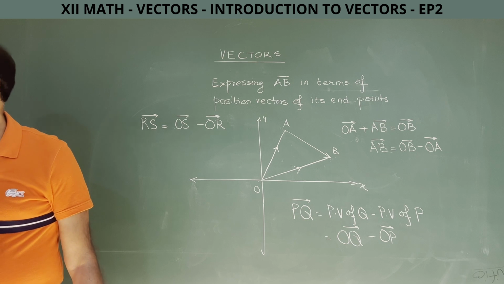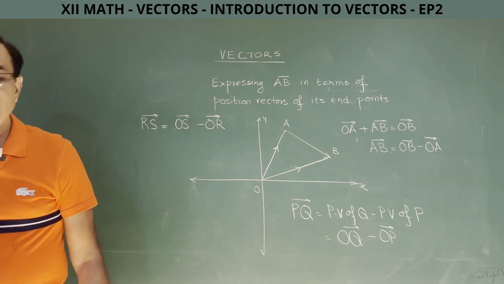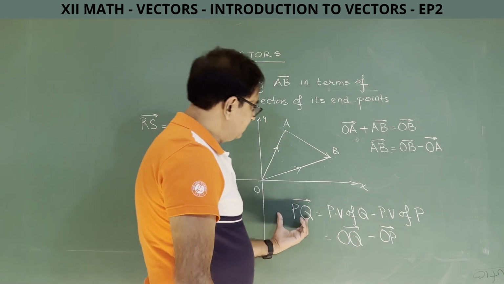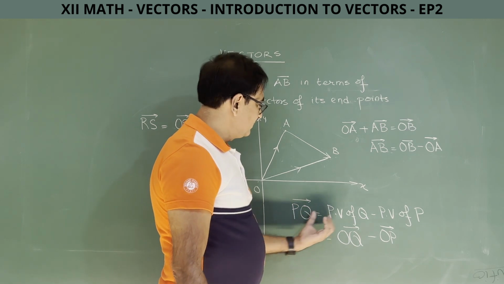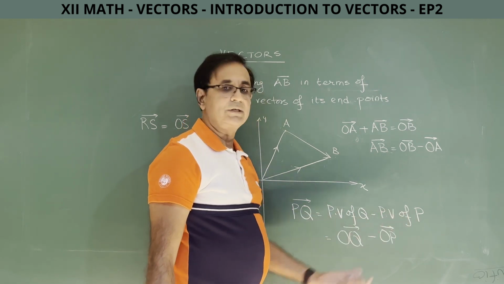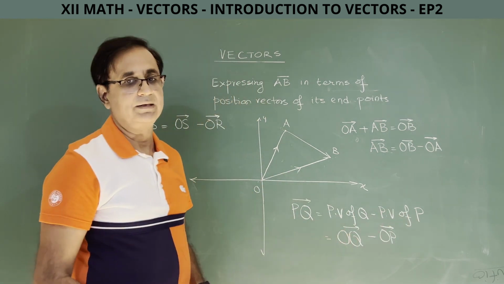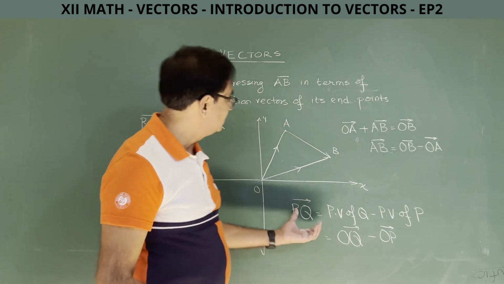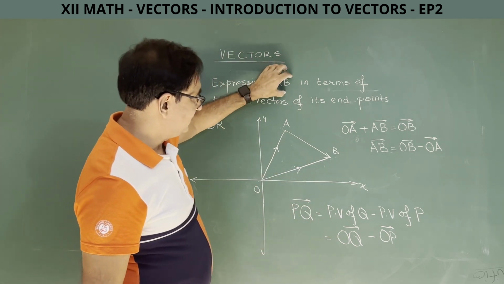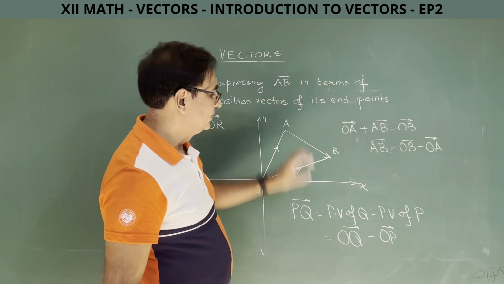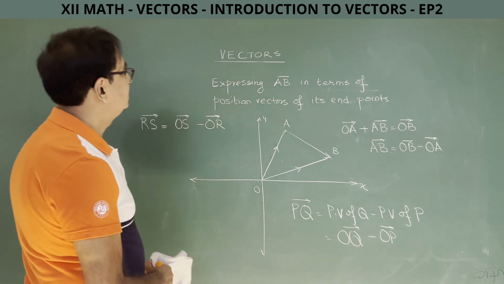Alright. So even if you don't want to understand this line, this formula is good enough. PQ is equal to position vector of Q minus position vector of P, because I will be using this expression in many numericals: expressing a vector AB in terms of position vectors of its endpoints.